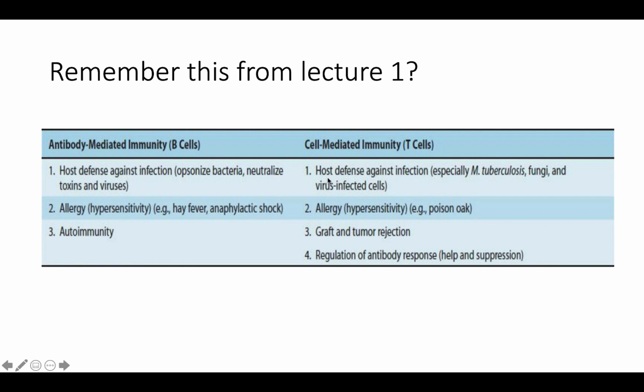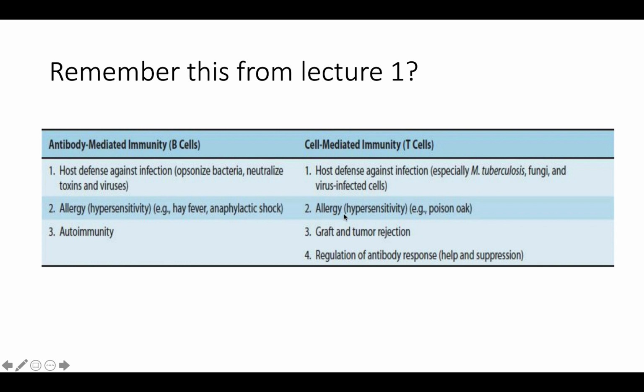Now we talked about our cell mediated response, so we know now that if I want to mount a response against intracellular hosts, for example bacteria or fungi, for example tuberculosis, viruses or whatever.